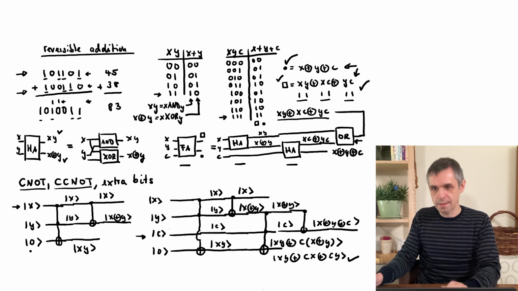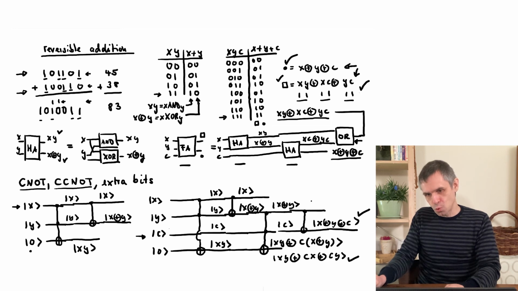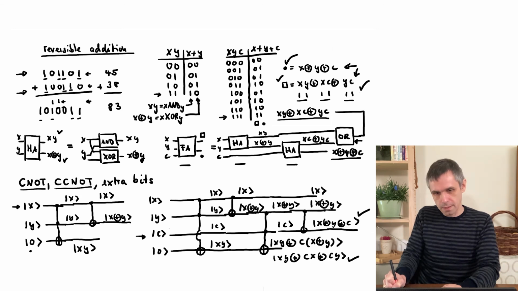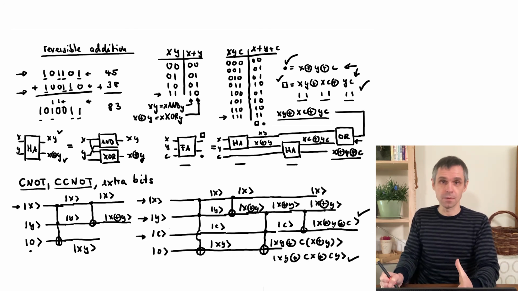And this is indeed the other desired output. And finally, we have 2 additional quantum bits. And these simply retain some information of our inputs. In particular, from these we can reconstruct x and y. So this is a fully reversible implementation of our full adder.